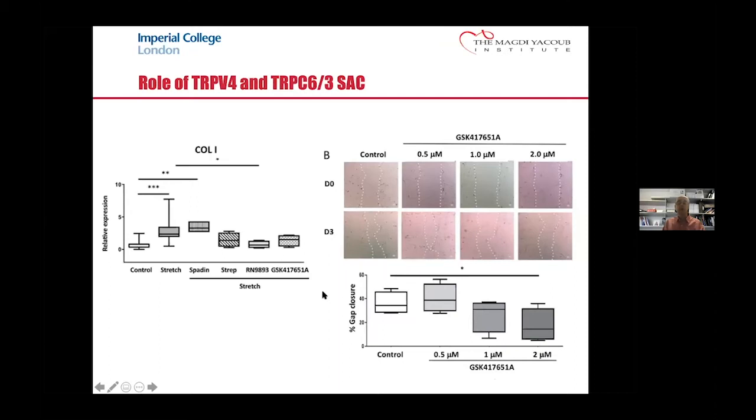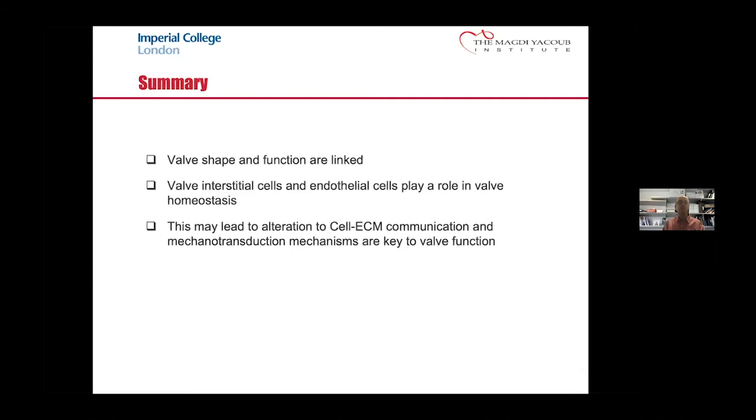So how cells in a tissue engineered valve sense their mechanical environment is an important consideration, thereby determining what functional response they may produce. So we've seen that the valve shape and function are linked, and that the dynamic function of the annulus, the sinotubular junction, and the valve cusps are all linked.